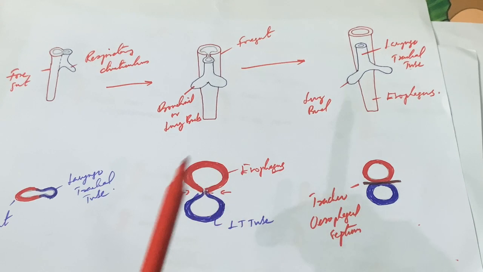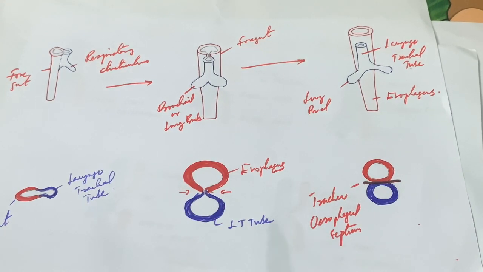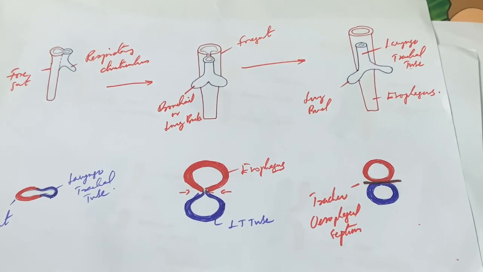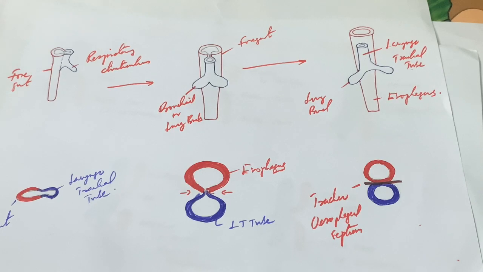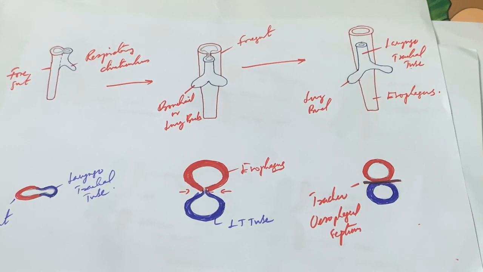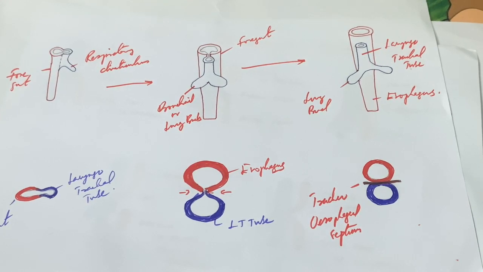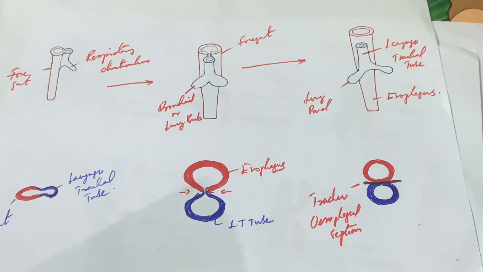Here, the groove separating the ventral pharyngeal wall from the respiratory diverticulum is the laryngotracheal groove.